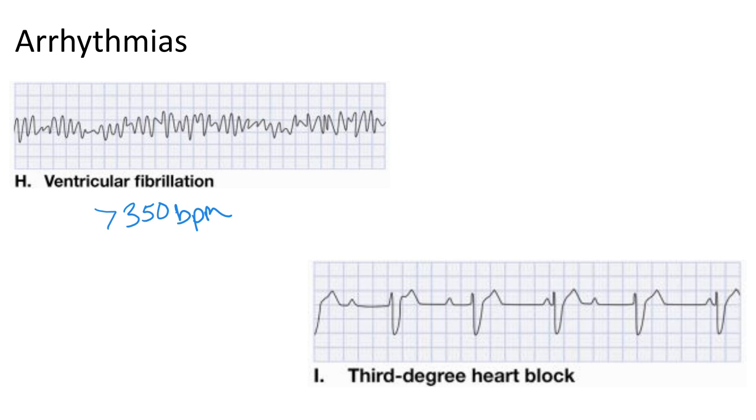Okay, and then the last one I have down here on the bottom is this third-degree heart block. Okay, so basically what's happening is I'm getting some blockage from that SA node as well as the AV node. So my first impulse from the SA node gets delayed. So you can see that getting delayed there. The second one is intermittently blocked.